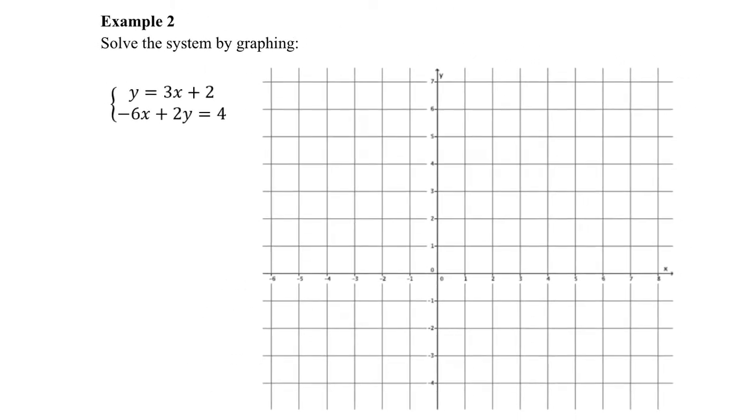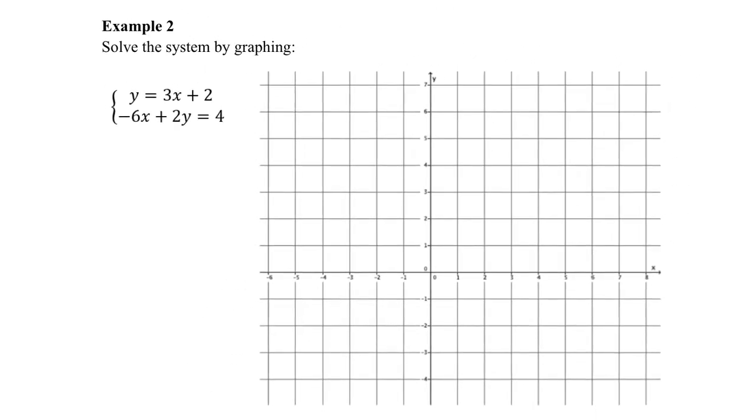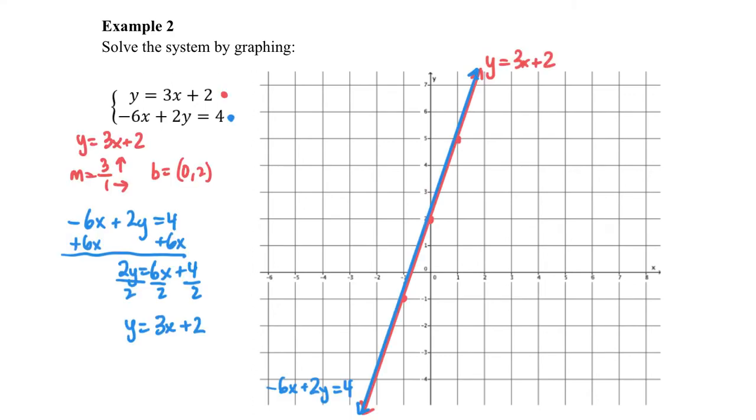So here we have a second scenario. Pause the video and go ahead and graph these two lines. All right, so I went ahead and graphed these, and hopefully you have the same thing I do. One thing, let's just talk about this for a second. This equation is in standard form. And so I started to do the x and y intercepts like we normally would, and I noticed that my x-intercept was not a very nice number.